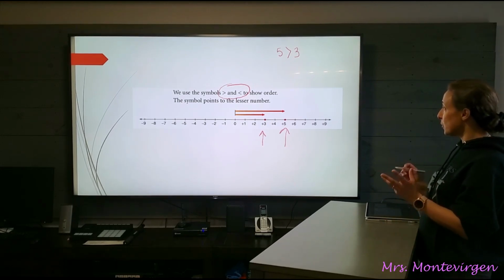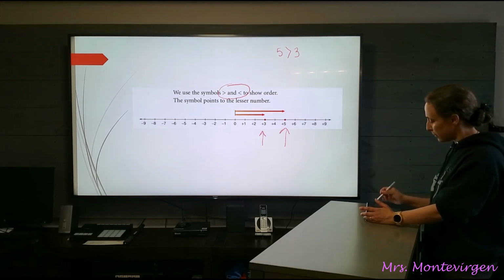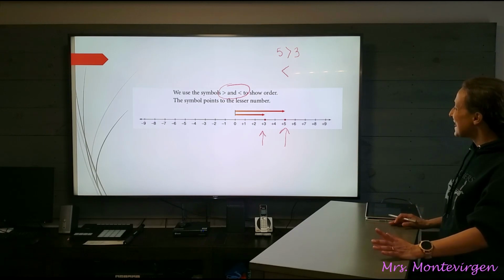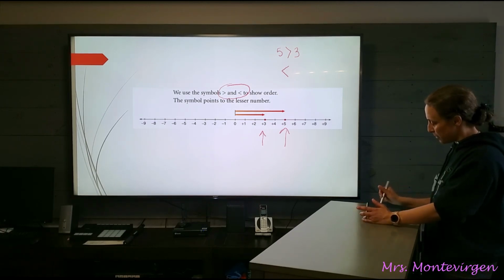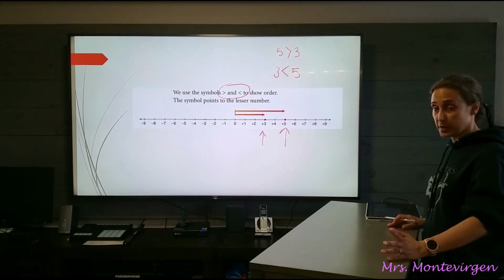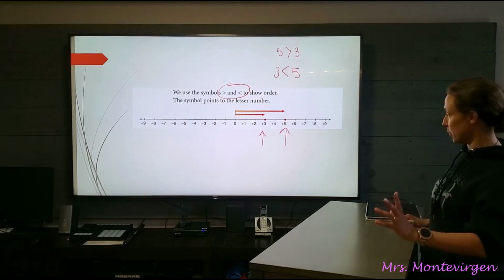There is another way to say that, and that involves the other comparison sign. You have to remember, this is the one I'm talking about, and it stands for less than. So another way to compare these numbers is by saying 3 is less than 5. I know my students, even though they're in grade 7, still sometimes get mixed up about which symbol to use.